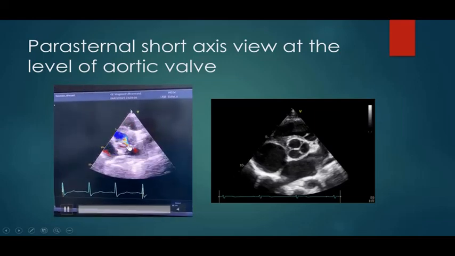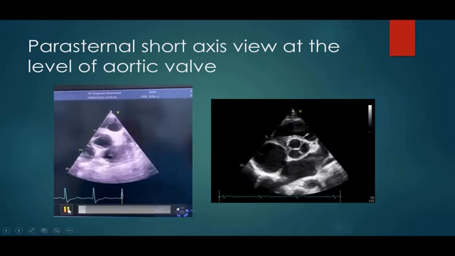We cannot appreciate the third cusp, and in between the cusps we can see the regurgitant jet, turbulent color. There is a mixture of colors, which is the turbulent regurgitant jet occurring across the aortic valve, and we have to always time it with the ECG.